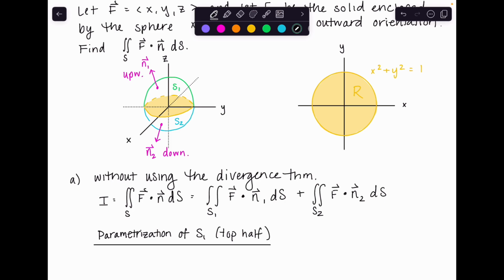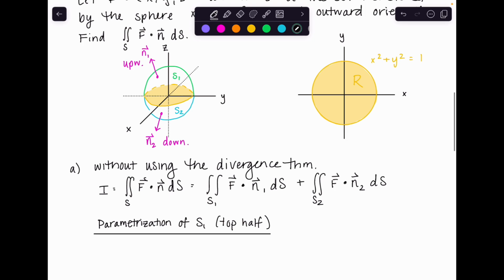Okay. So if I want to guarantee that, again, you can solve for z here. On the top half of the sphere, it would be the positive square root of 1 minus x squared minus y squared. The bottom half of the sphere is the negative square root of 1 minus x squared minus y squared.